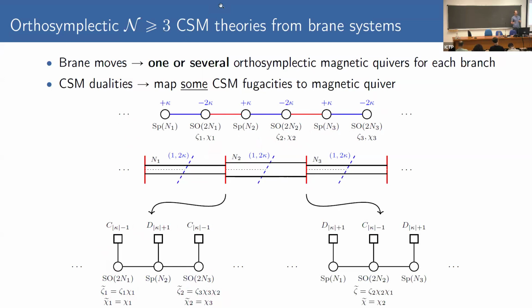But you can also go to a brane phase where you read off a magnetic quiver that is SP, SO, SP. And then you find a different fugacity map. Right? So I'm happy with the understanding that not all of the fugacities are transparent in all of the magnetic quivers, because I'm expecting only some sets of information being represented by the maximal branch. But these subtle fugacity mappings came as a surprise that was unexpected when we started.